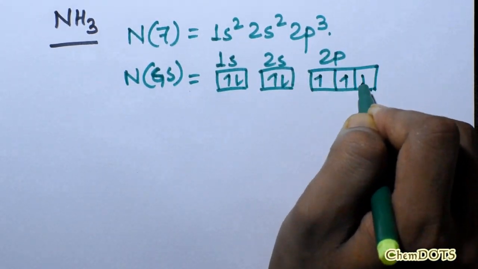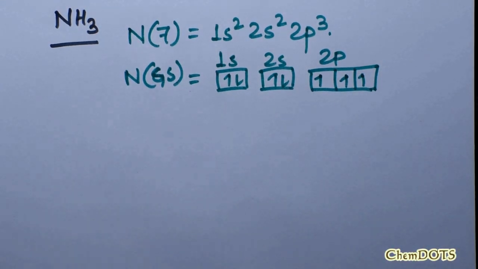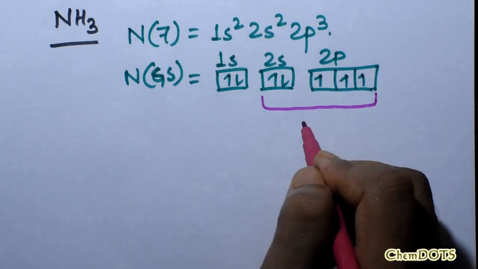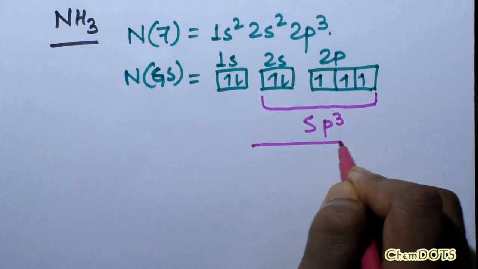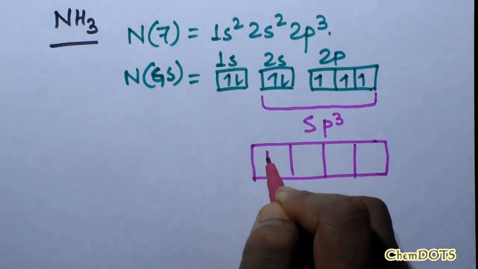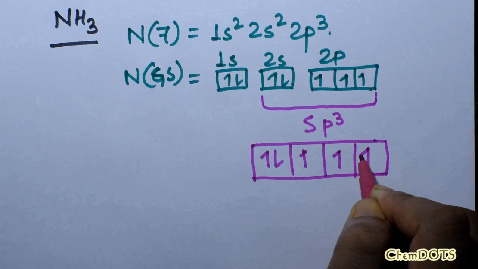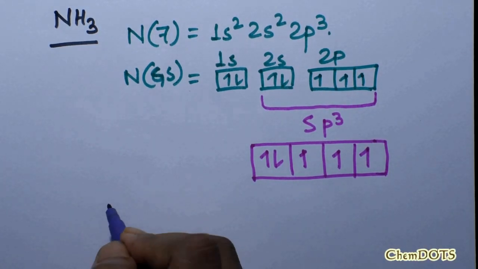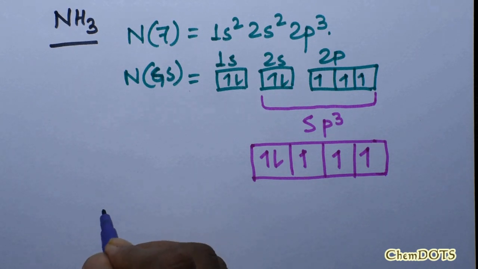That means 2s with 2 electrons and 2p with 3 electrons will combine to form 4 sp3 hybridized orbitals. And this is the lone pair, and 3 hydrogen atoms will form the sigma bonds with the 3 sp3 hybridized orbitals.